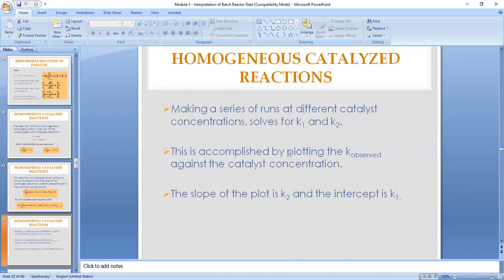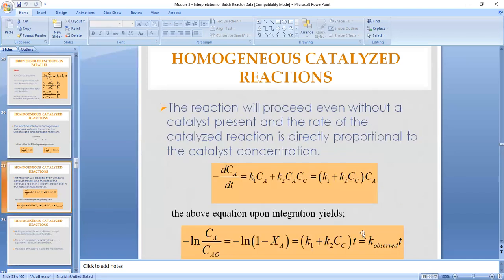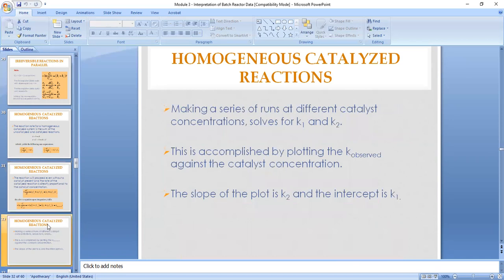If you go back to the previous slide, you can see that your K observed, which I will represent as K sub O, is K sub 1 plus K sub 2 times C sub C. So in this case, I'll write it in here: your K observed, K sub O, is just K sub 1 plus K sub 2 C sub C.